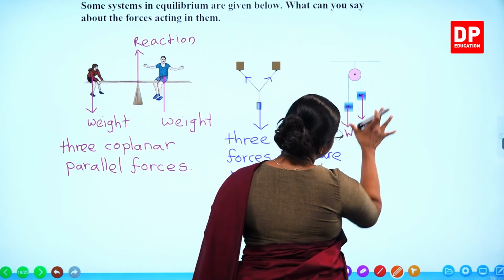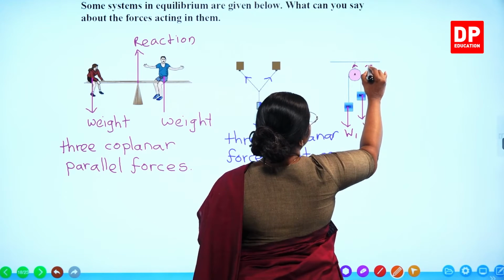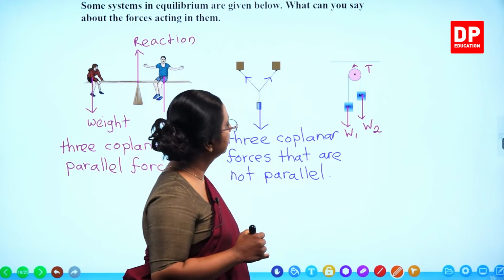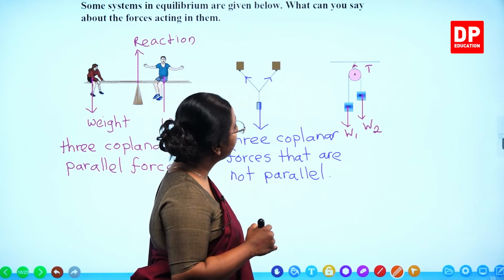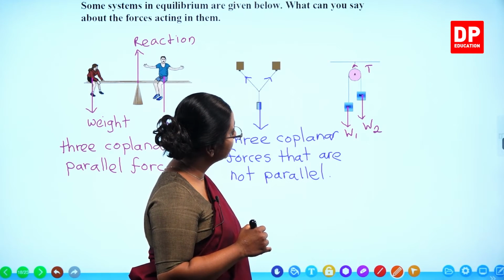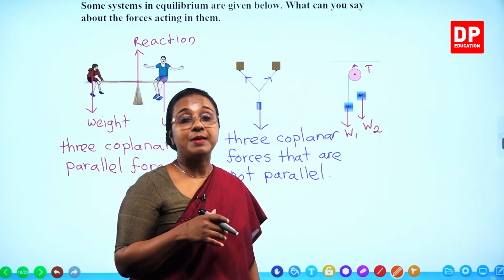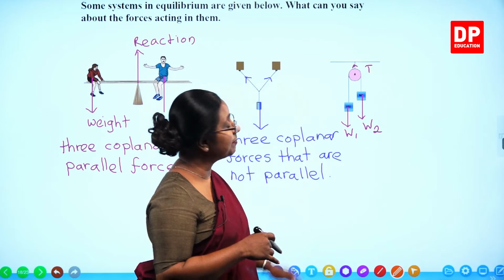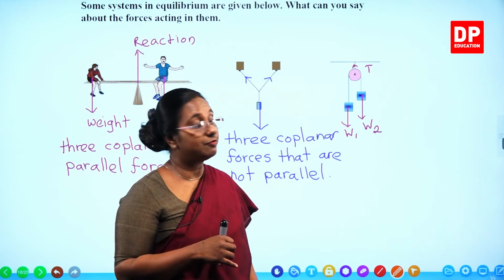So, the weight of the objects will be down, and you can see the tension on that string. So, what can you say about the 3 forces? You can see the lines of action of the 3 forces are parallel and they are on the same plane. So, those are 3 coplanar parallel forces.